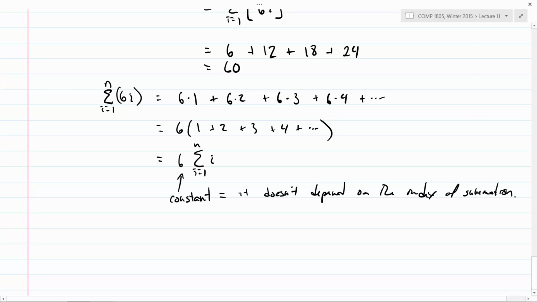If that were an i, so let's say this was i squared instead of 6i, well, I couldn't factor out the i. And that makes sense if you think about it, because then my answer would be in terms of i, but i is the index of summation, and I can't have that. It doesn't make any sense. So that's how you factor things. You can factor out a constant inside the sum by bringing it outside of the sum. Any questions so far?